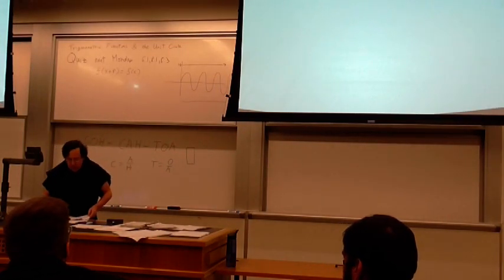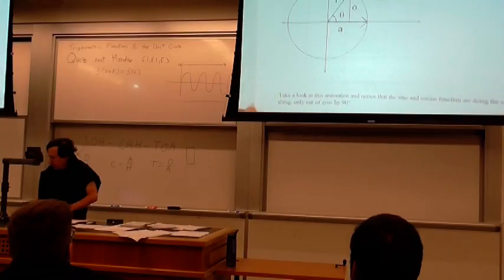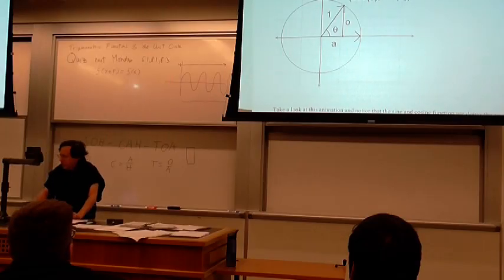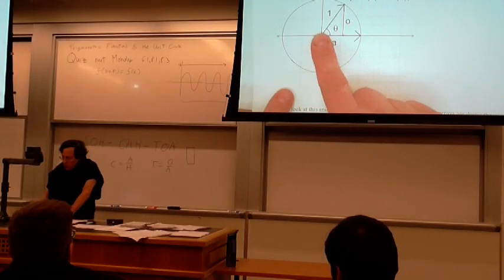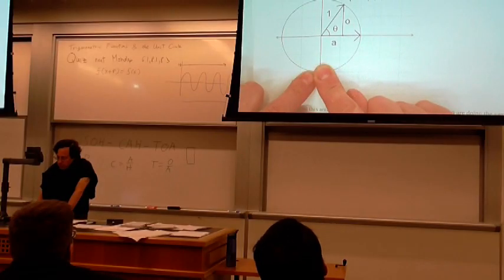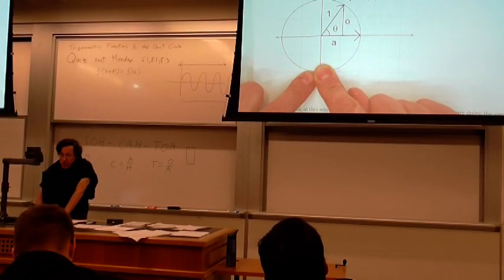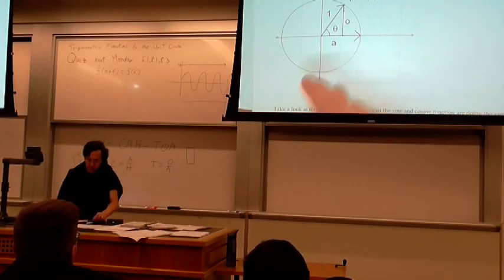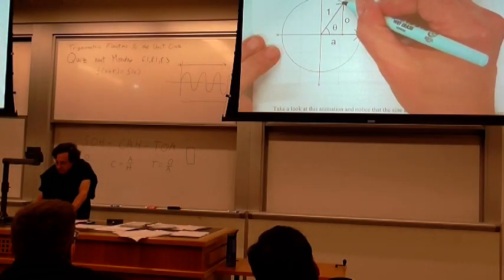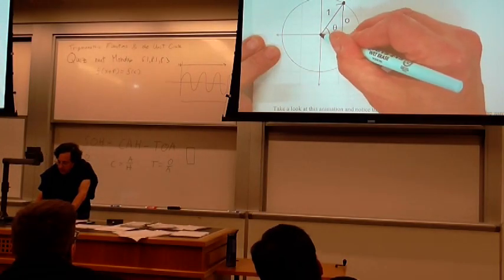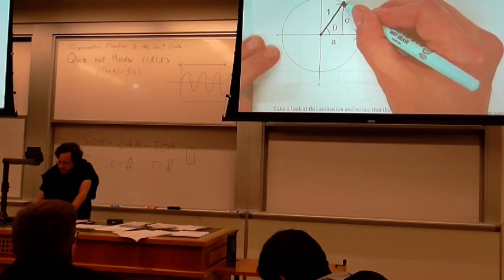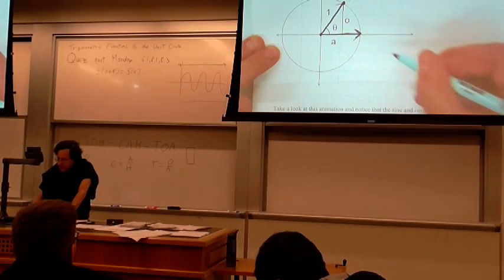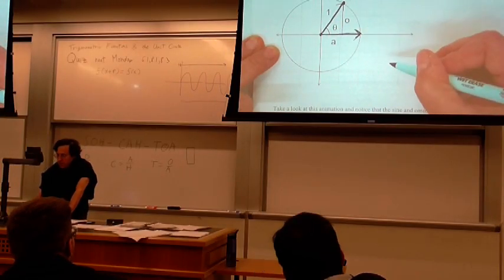We're going to take a new view of the trig functions, and we're going to look at them in terms of a unit circle. That is, we draw a circle of radius 1, and we take a point on that circle, and the angle formed by drawing a radius to that point and the x-axis gives us some angle theta.